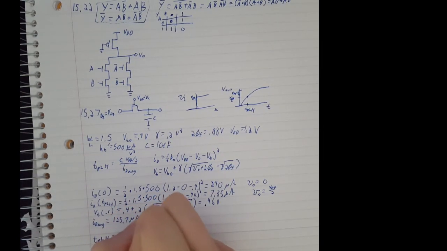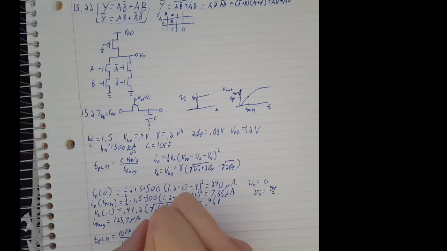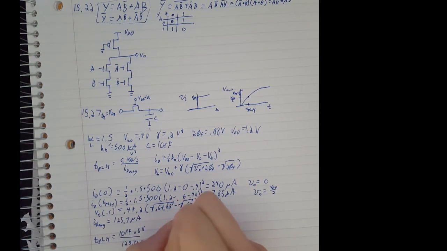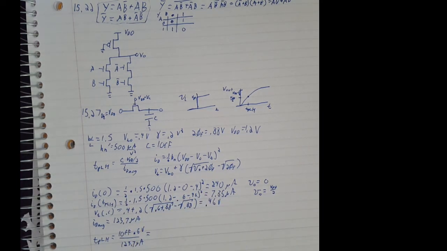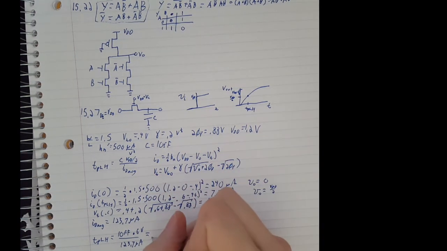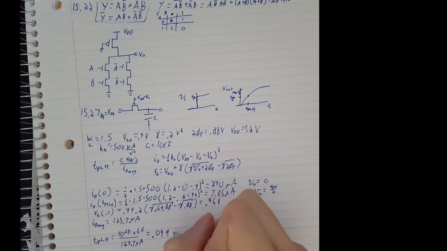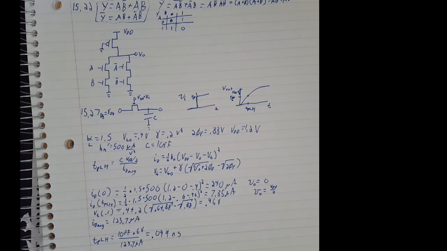Plug that into up here. TPLH equals 10 femtofarads times 0.6 volts over 123.7 microamps. And you get 0.049 nanoseconds.